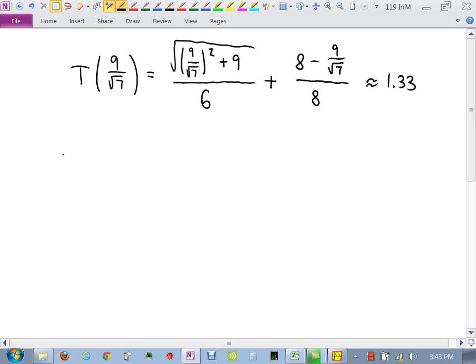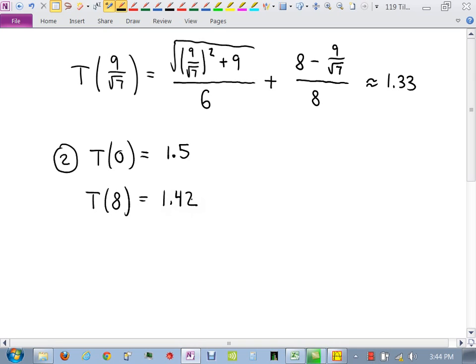Now let's look at the second step, which is to evaluate the function at the endpoints, which were at 0 and at 8. And again, I'll save us some time. At 0, you get 1.5 on your calculator. At 8, you get approximately 1.42. Everyone understand I'm just saving us time by doing that for you?